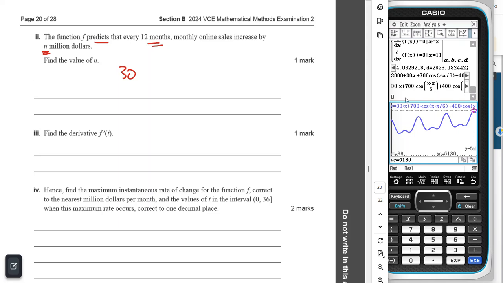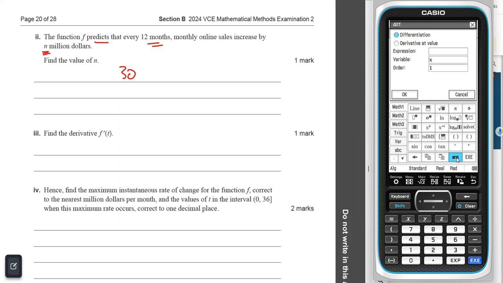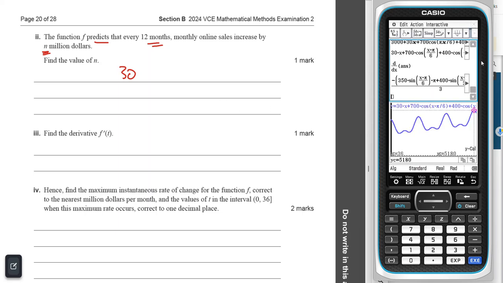Find the derivative. Okay, so if I come here, analysis, calculation, derivative of the last answer. And maybe if I simplify that answer, this is my 30.